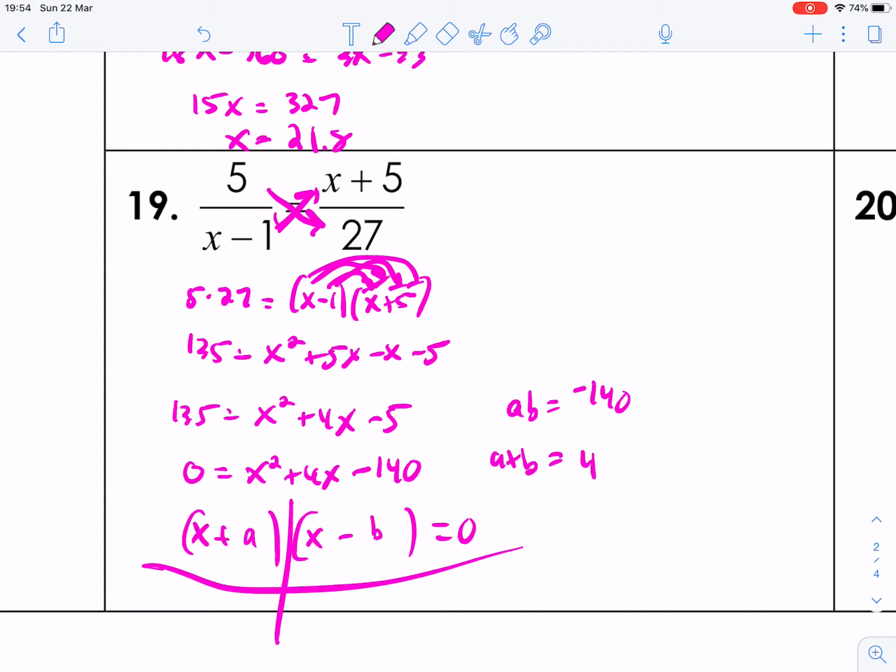So if we could try and error, they need to be close together. So 10 and 14. Oh yeah, that should be it. So which one's going to be plus, which one's going to be minus is determined by the middle one. Is it plus 4x or minus? So since it's plus, we know that the 14 has to be plus. So this is going to be 14. This is going to be 10.